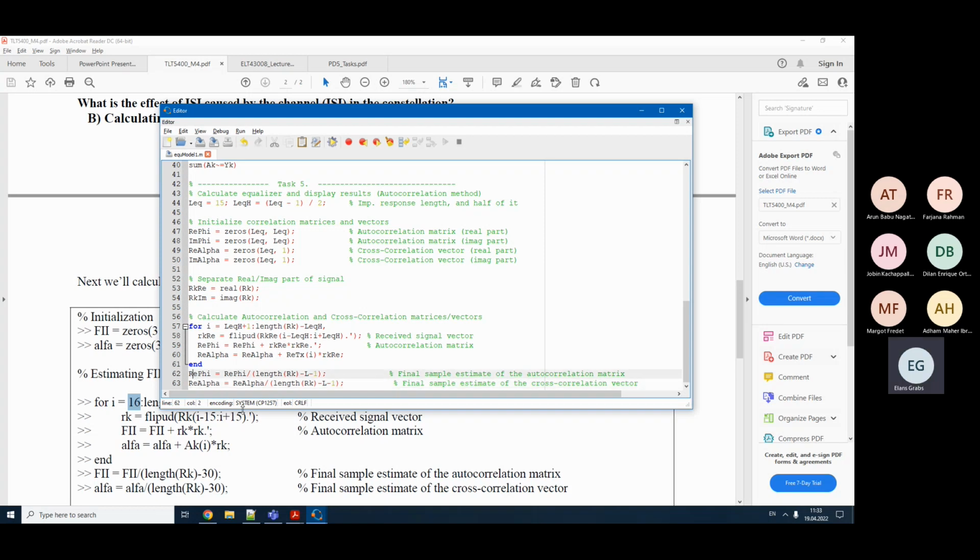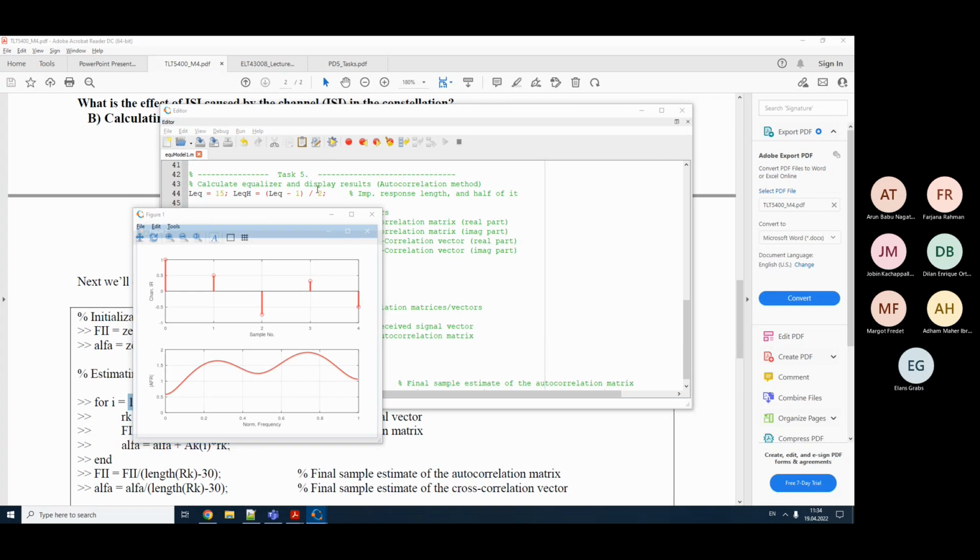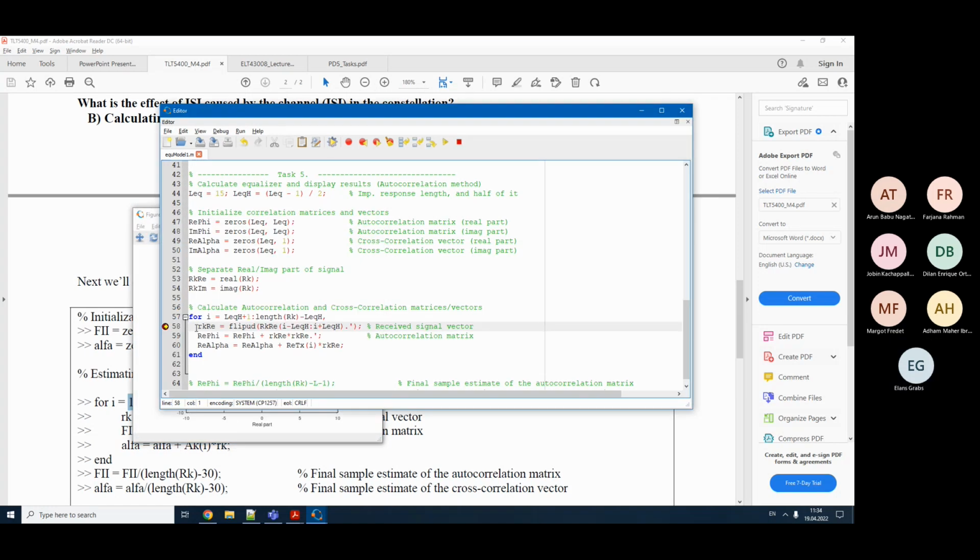Well, I'm not really sure about these. Do we need them? But for now, I'm going to comment them. So I'm going to put a breakpoint here so that once my software code goes up to this point, it will stop and allow me to take a step-by-step look at what is happening inside this for loop. So let's see it.